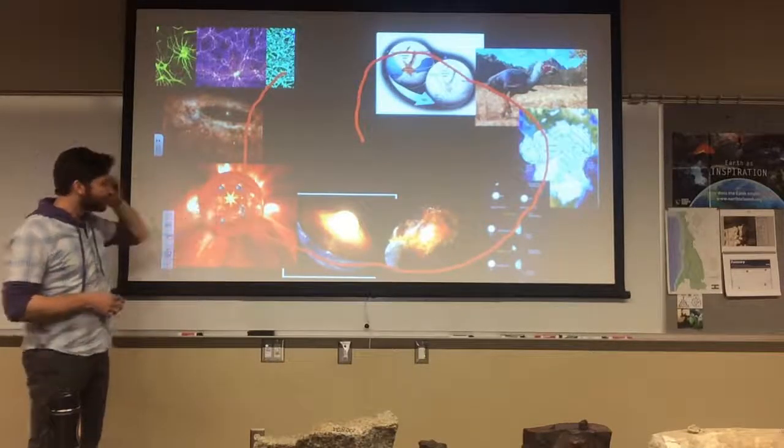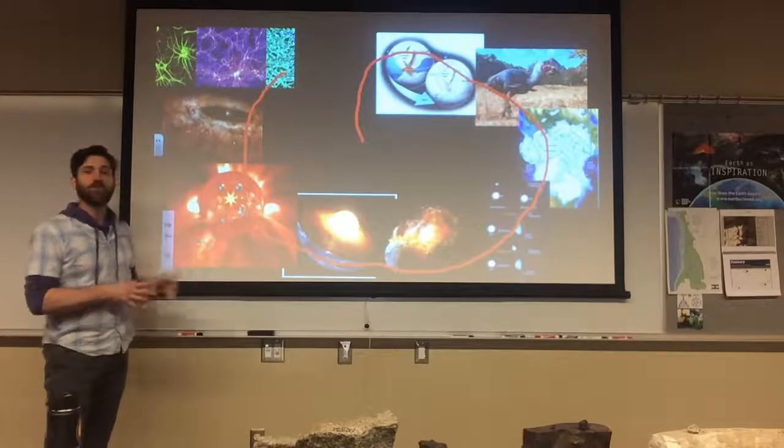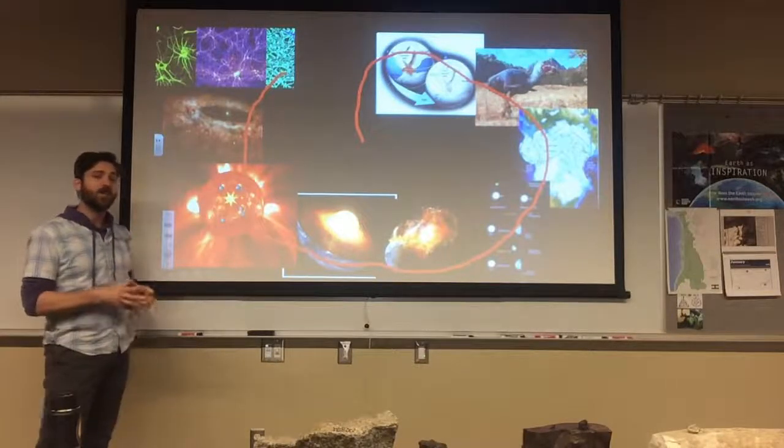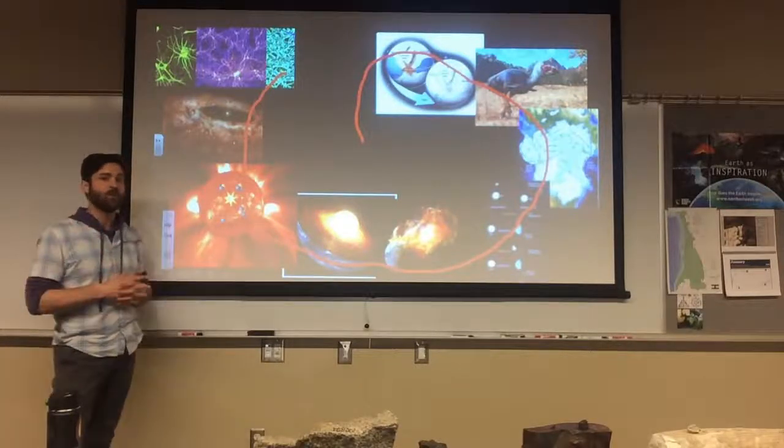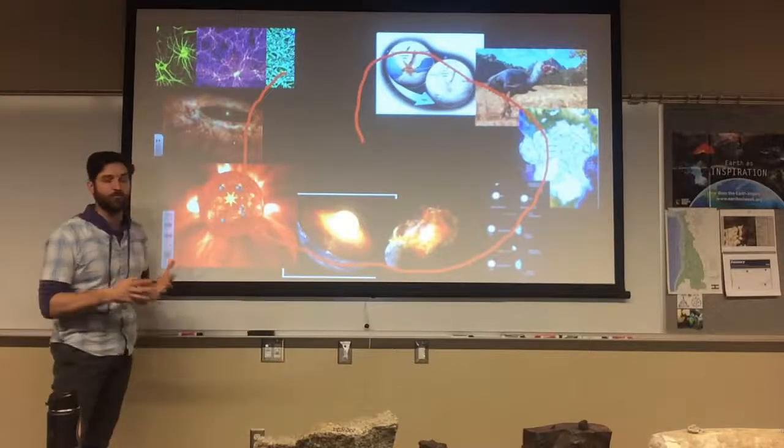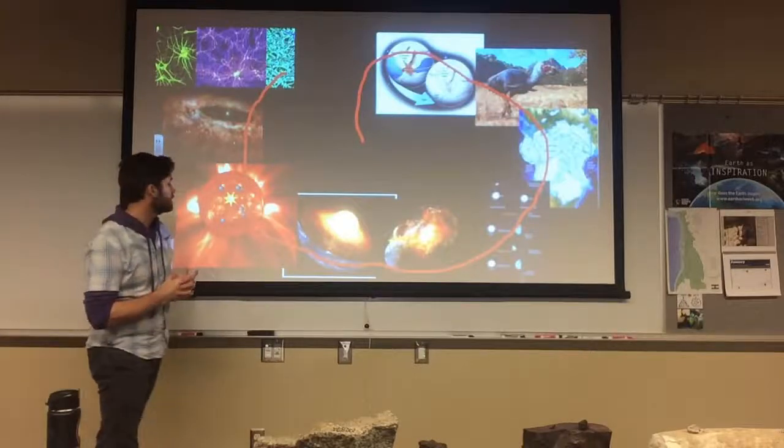Then we briefly touched on the thermonuclear generator of the sun that creates all of the light and warmth that we interact with on this planet, important for life on Earth as photosynthesis.